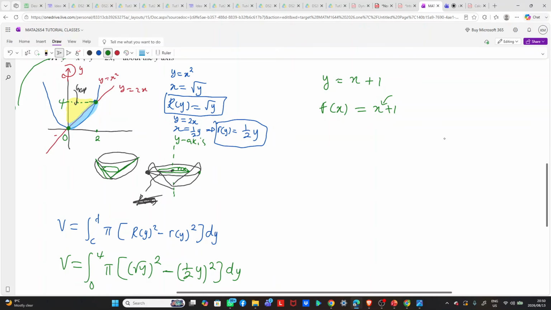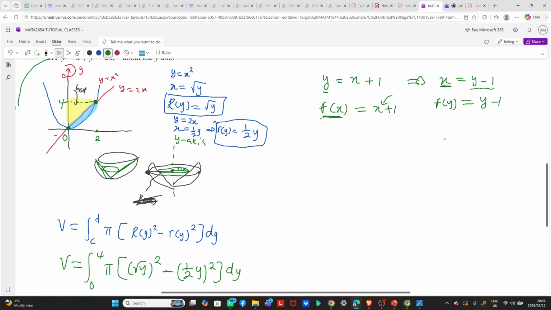However, if we rewrite this and take 1 to that side, we'll have x equals y minus 1. Since on this side it will only be y that is the independent variable showing there, we can say this is f of y. So whenever we make x the subject of the formula, we get the function in terms of y. So we call it f of y. Similarly, here, whenever we make y the subject of the formula, we get f of x.